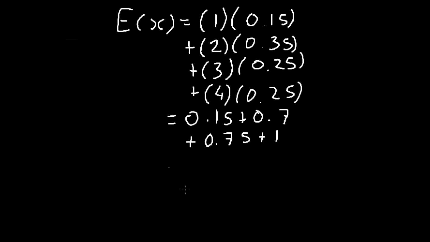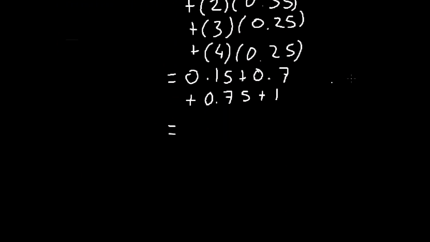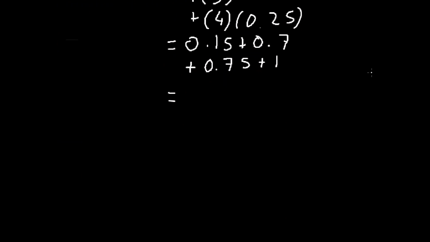And let's add them all up. Okay, so this might be a little bit tricky because there's so many numbers involved. So this is going back to your long addition, right? So I'd recommend writing it like this. Okay, and then you can start to add everything up.